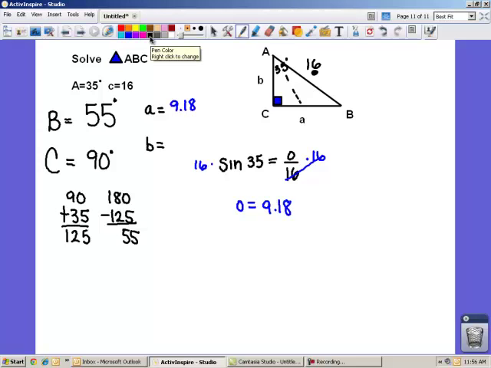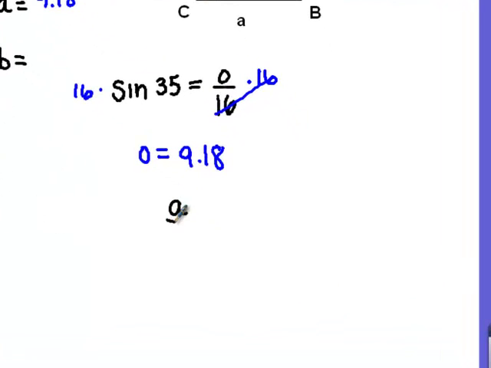Okay, now we need to find letter b. So we're still using the 35 degrees. We're doing the adjacent over the hypotenuse, so that's cosine. So cosine of 35 degrees equals adjacent, which I'm going to fill in as x, or you can put b, doesn't matter, I'll put b, over the hypotenuse, which is 16.